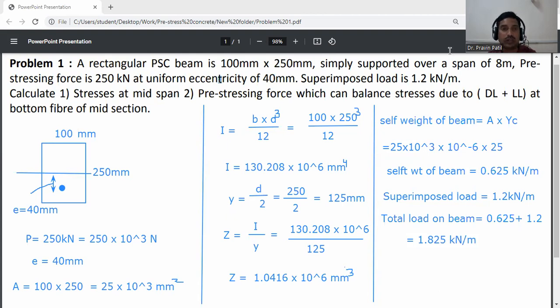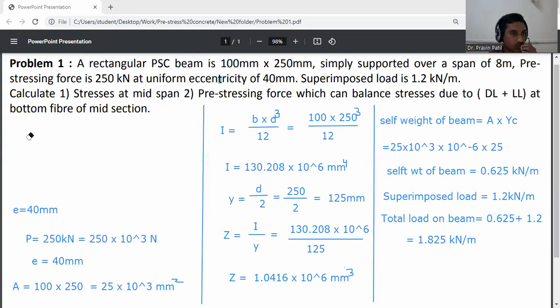See, the total load on the beam. This one is a simply supported beam.